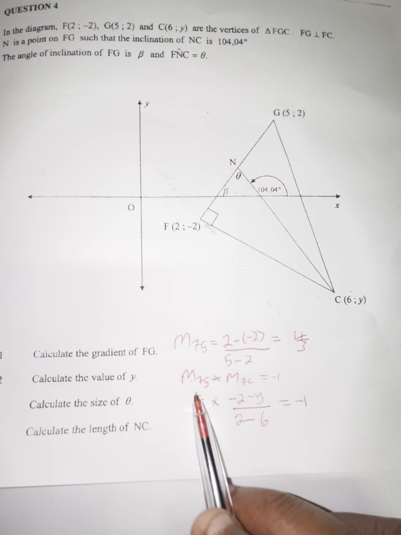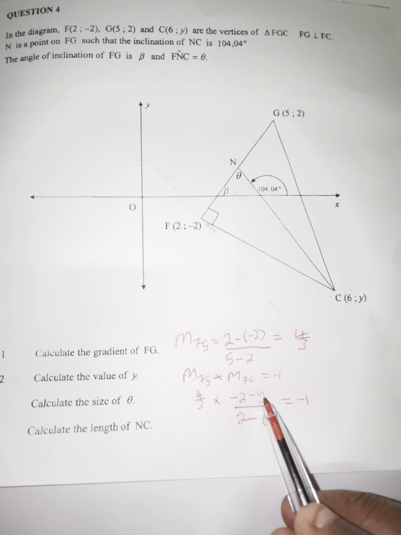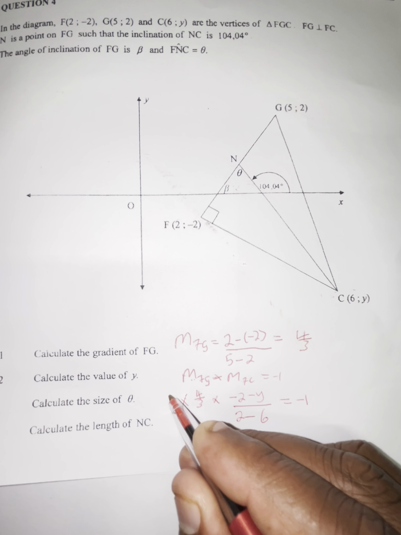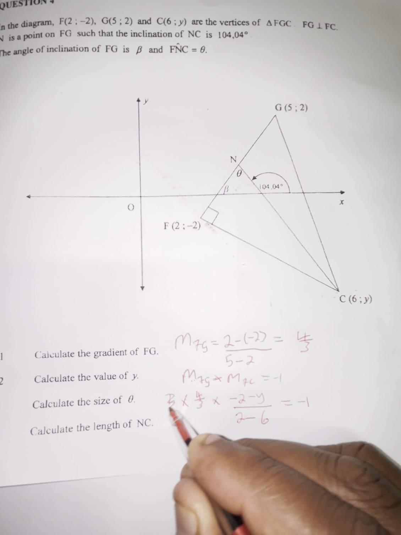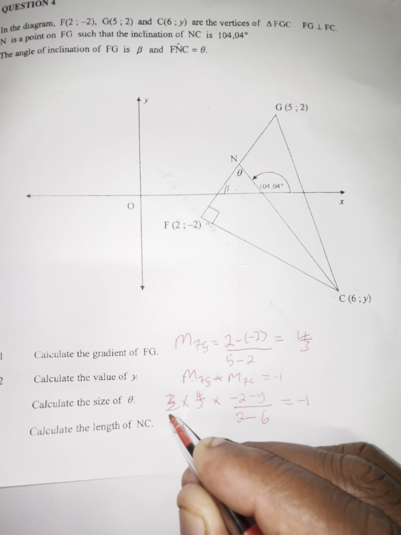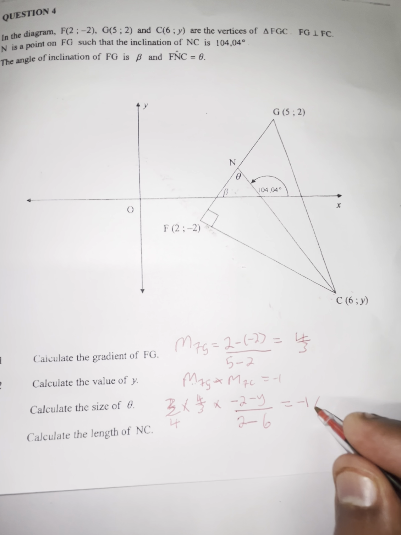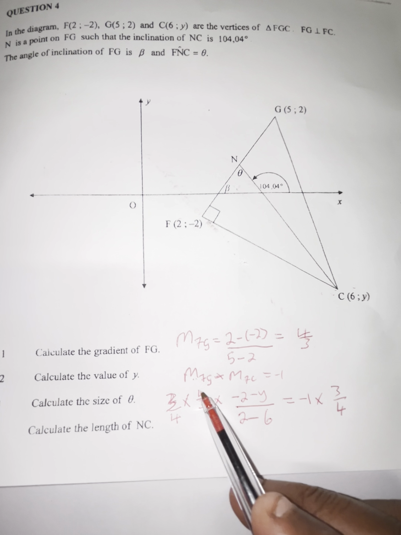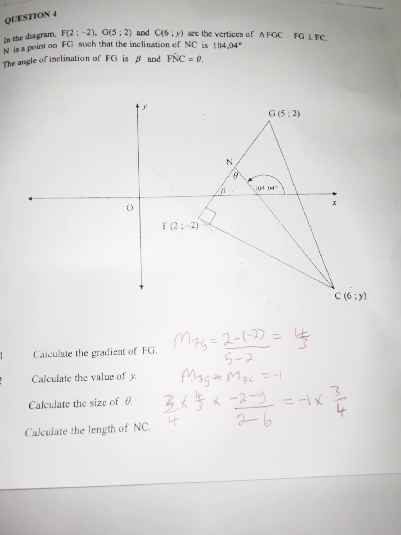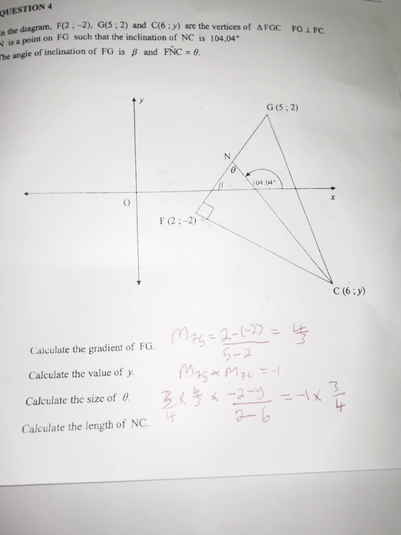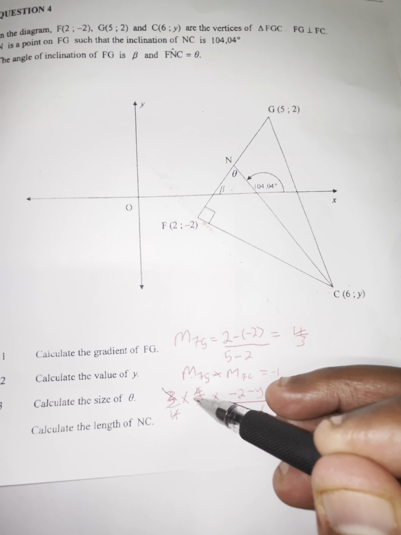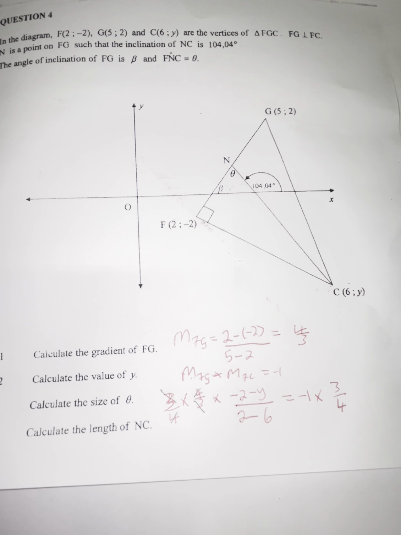To get rid of this 4 divided by 3, because we want to remain with y, we multiply both sides by 3 divided by 4. 4 will cancel with 4, 3 will cancel with 3, and we remain with 1.